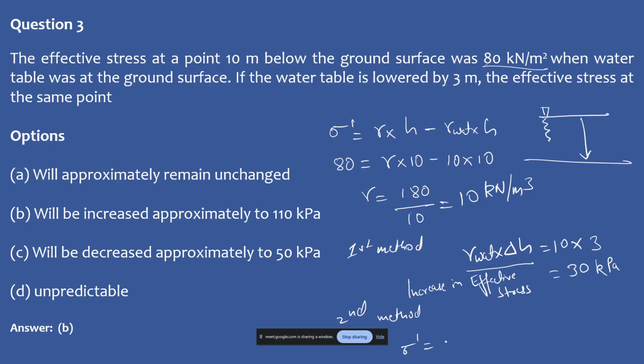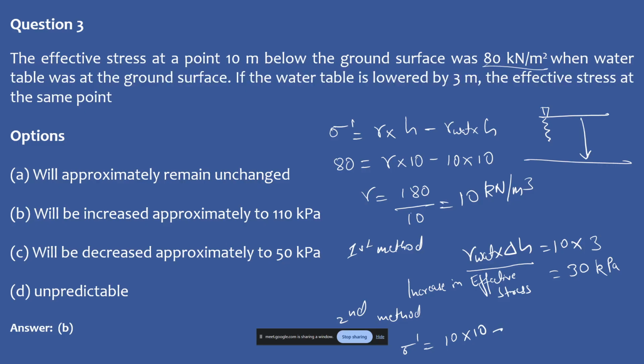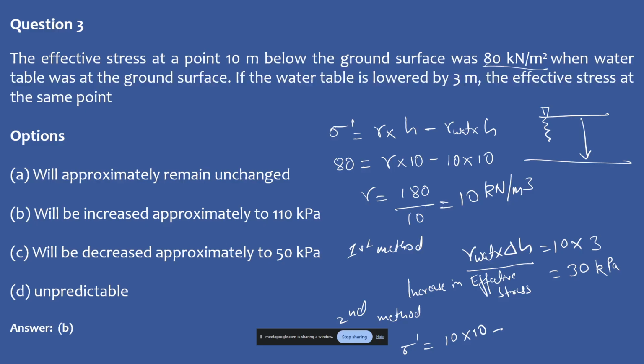So how much is your gamma? That is 10 into 10, and then you are basically saying, okay, so it's not 10 into 10, it will be 10 into 3, because there is no water table.